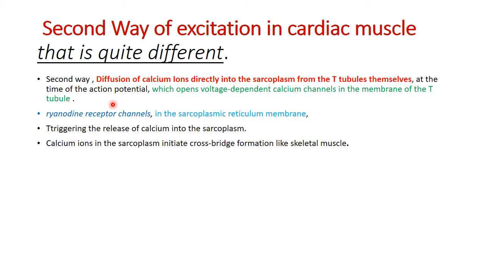Now, the second way of explanation is that excitation in cardiac muscle is quite different, because the diffusion of calcium ions can occur directly into the sarcoplasm from the T-tubules themselves. So this is important in cardiac muscle.